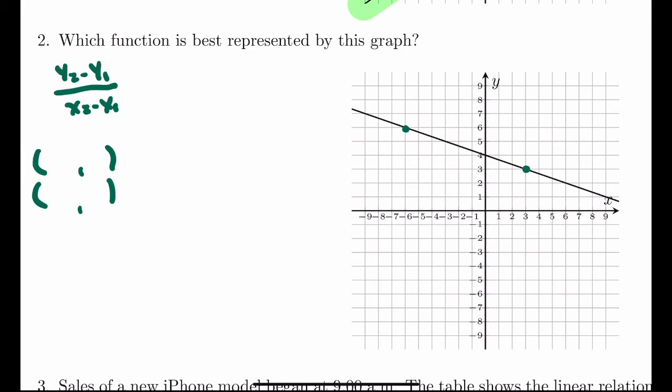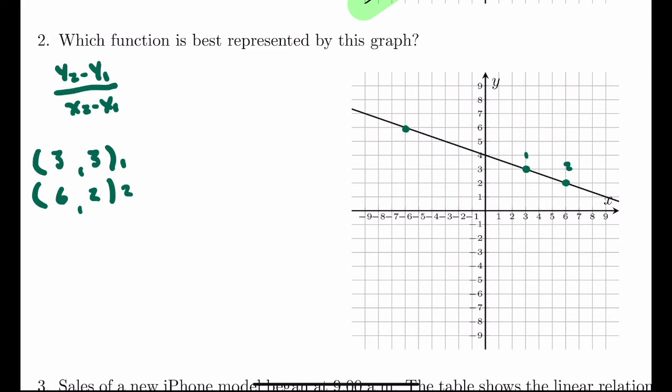Honestly, what I'm going to do is I'm going to actually pick a new point, because it's just easier if you have all positives. Even though it's not going to change the answer, I'm actually going to use these 2 points right here. So let's say this one is 1, and that is at 3, 3. So again, I'm saying this one is 1. And right here, 6 and 2. And this one is 2.